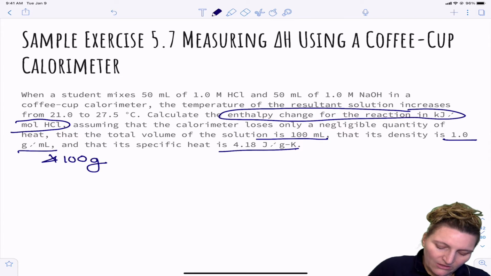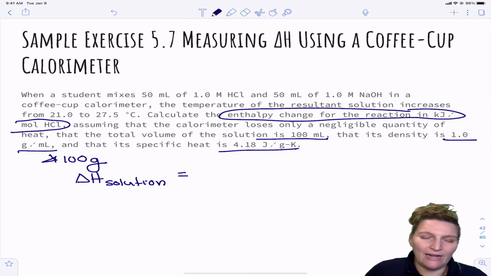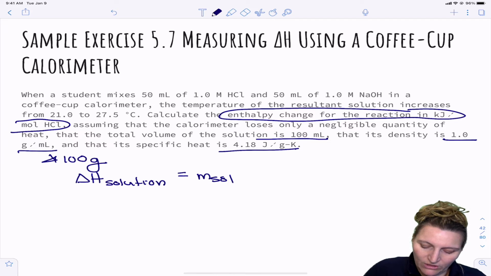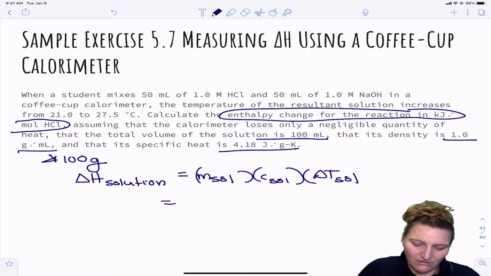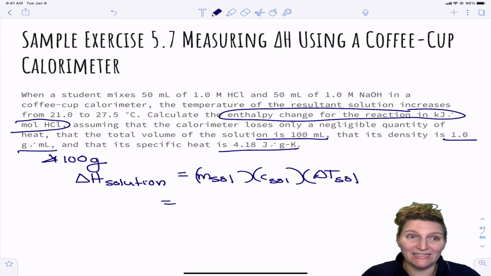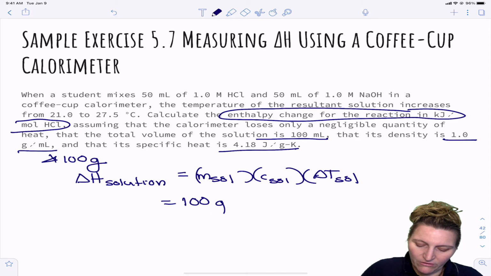So I can do delta H, or Q of solution. That's going to be the mass of the solution, the specific heat of the solution, and the delta T of the solution. Now what's the mass of the solution? Well, if it's 100 milliliters and the density is 1, then it should be 100 grams.